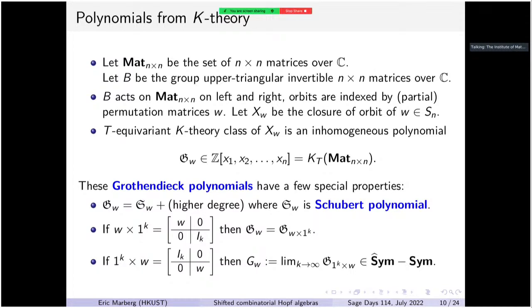You get a polynomial in more and more variables, but if k is large enough, the coefficient of any given monomial will be constant as k increases. So it becomes a bigger and bigger polynomial, but if you print these out and look at the first 10 terms, eventually they don't change anymore. And also, when k is large enough, these polynomials will be symmetric.